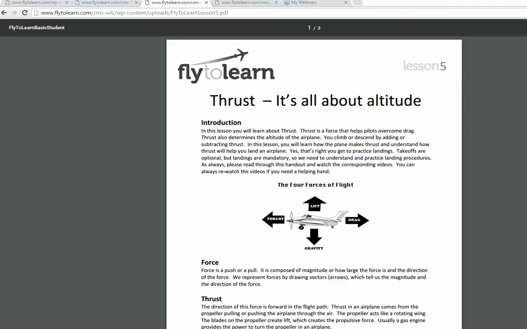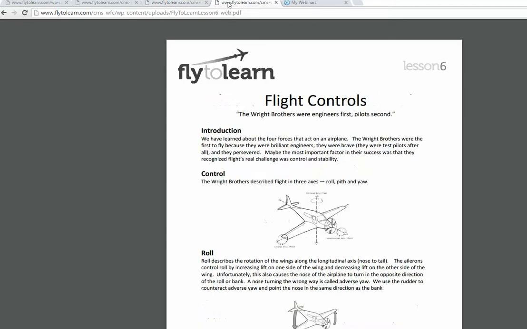So that said, we have gone through all of our forces of flight now. And it's time to learn about the control surfaces that are on almost every single aircraft ever. Alright, so the Wright brothers back in the day, they were some pretty good engineers, and they defined the rotation of an airplane around 3 axes.